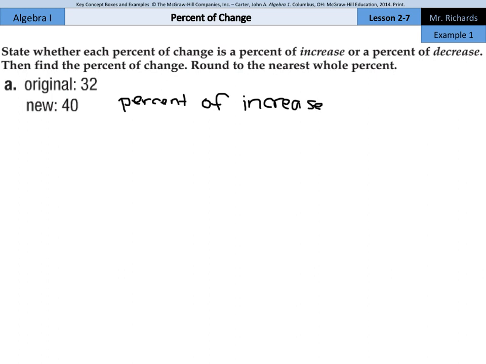And we can use a proportion to help us solve. This proportion is going to be the change over the original equals, we'll call it R, that's going to be our percent increase, over 100.